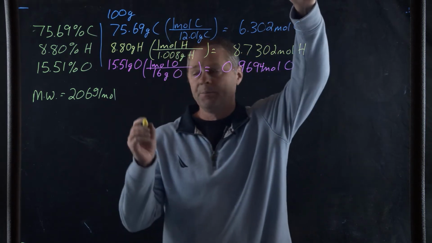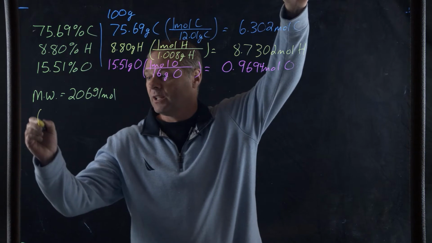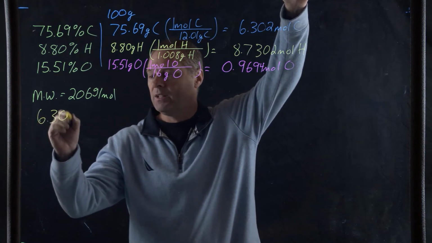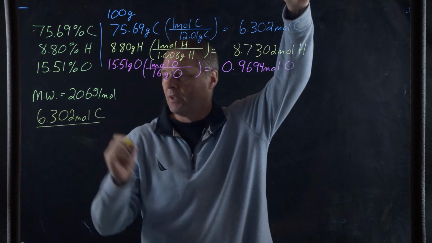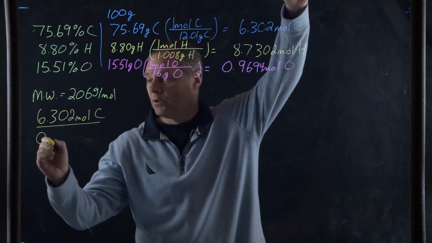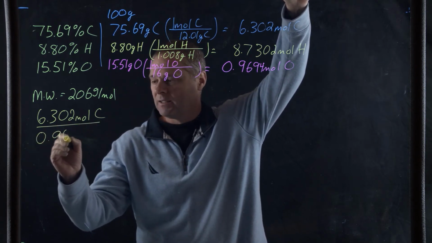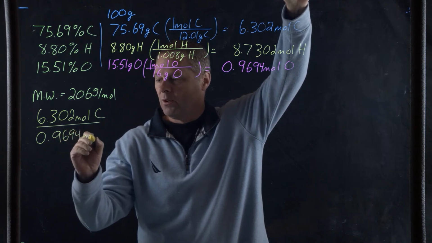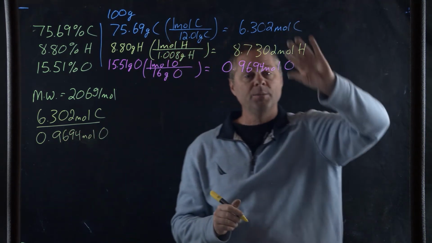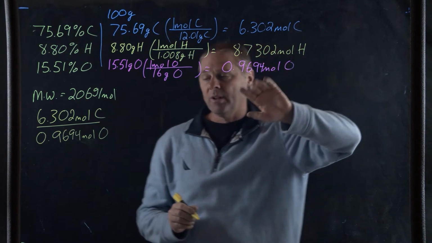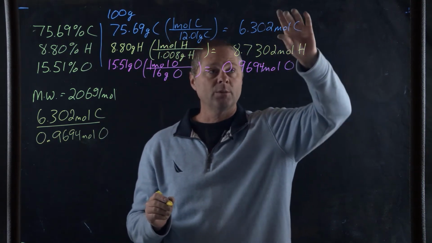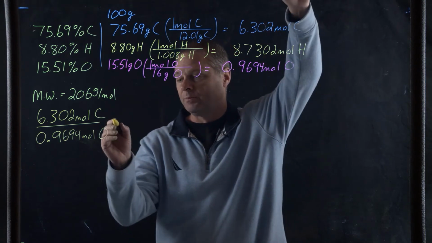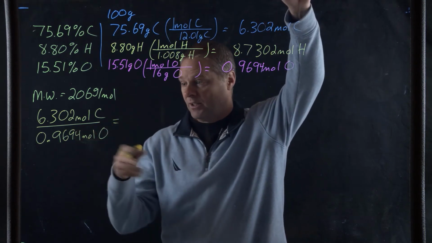So we take our 6.302 moles of carbon and divide that by 0.9694 moles of oxygen, because oxygen is the smallest number. So we take the moles of carbon divided by the moles of oxygen, and that's what we've done here.